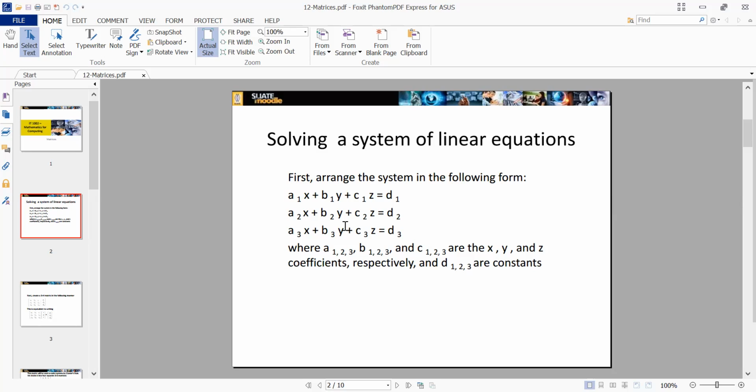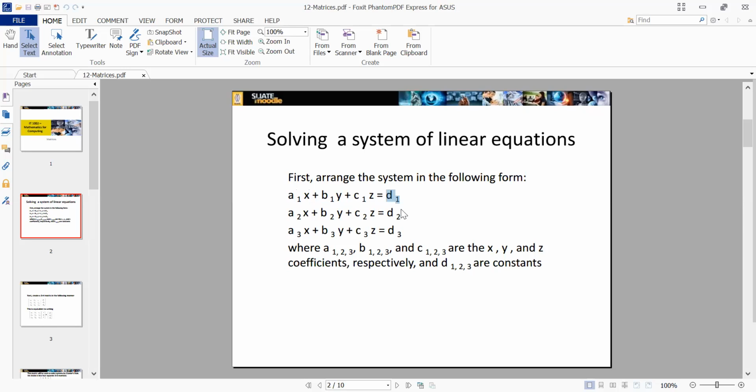Look at here, this is the common format of a linear equation when talking about matrices. The first step, when you have any linear equation, is to rearrange it in the format of x plus y plus z equals something. Always keep x in the first position, y in the second, and z in the third, equal to some constant.